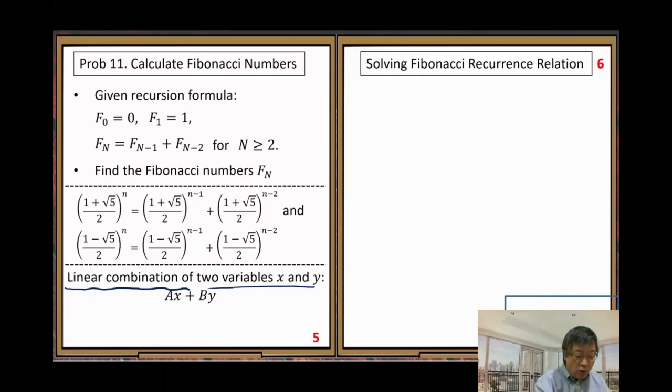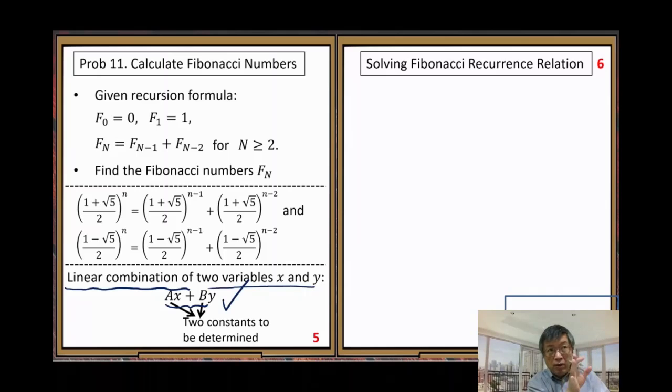This form we call a linear combination of two variables. Capital A, capital B, both constants. Any constants we can put there. Later we will determine these two constants. But now we know what we should do for the next step: linear combination.